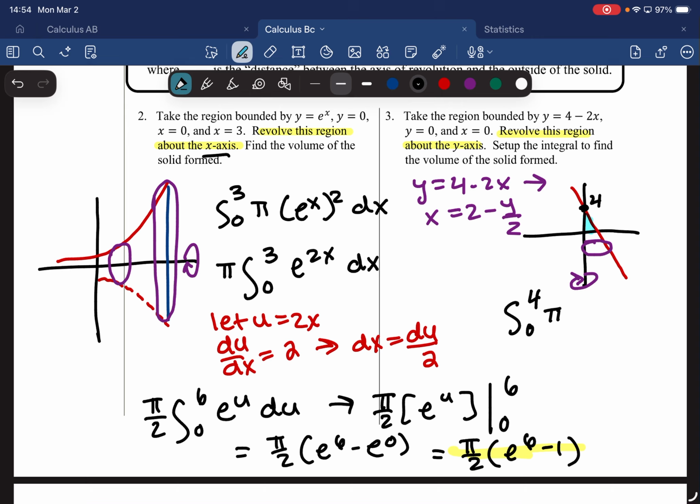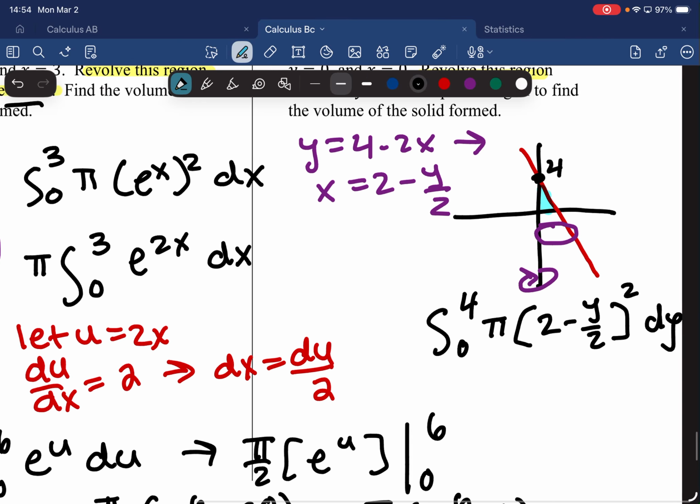So then I have pi, and then my r is going to be my function, 2 minus y halves, dy, and then of course squared. Right, because we're talking about a circle, so pi r squared. Don't ever forget that square.